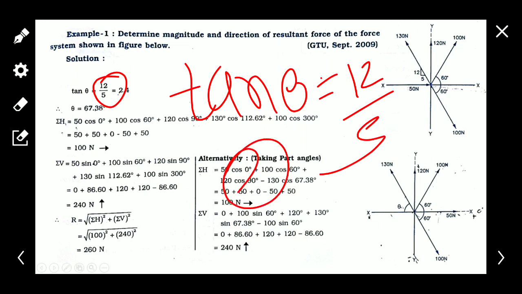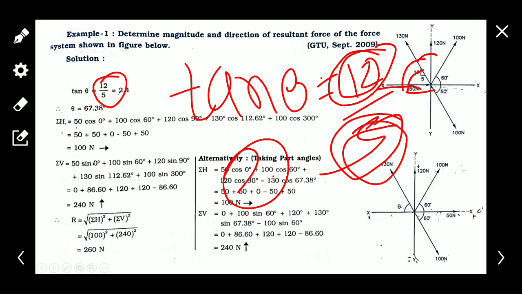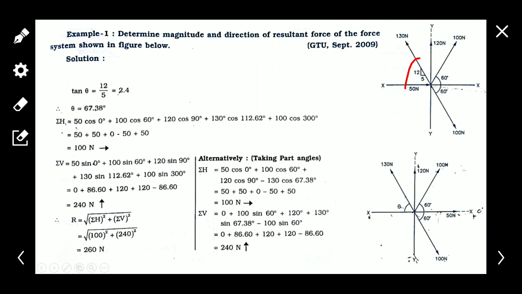So theta we find is with the x-axis, or horizontal, with the 130 Newton force. But remember, it should be vertical upon horizontal. If you do horizontal upon vertical, you will get theta with the vertical axis. So especially remember: vertical distance upon horizontal distance, then theta is the angle of the force with the horizontal. So it is 67.38 degrees.